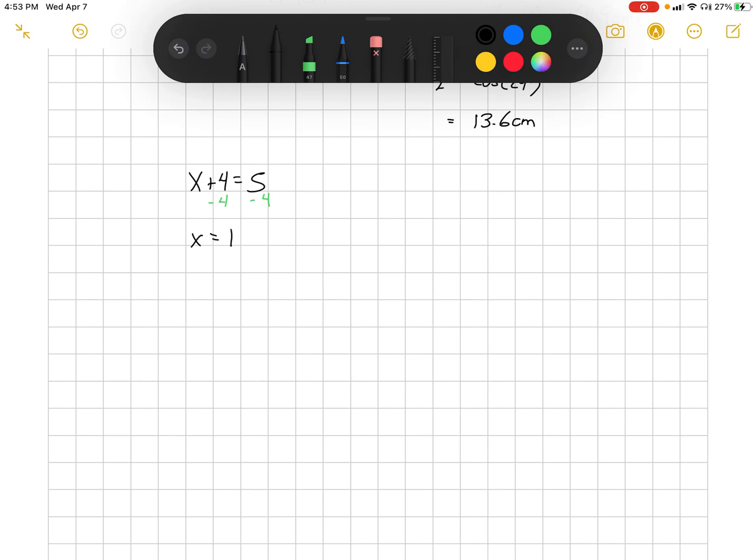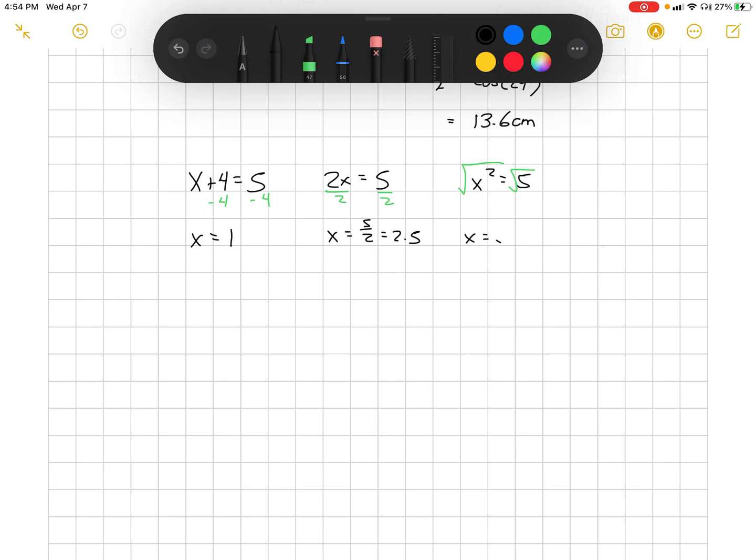If I were to say 2x is equal to 5, again, I could figure out what x is by dividing both sides by 2 to give me x is equal to 5 halves, or 2.5. If I had x squared is equal to 5, I could figure out what x is by taking the square root of both sides.